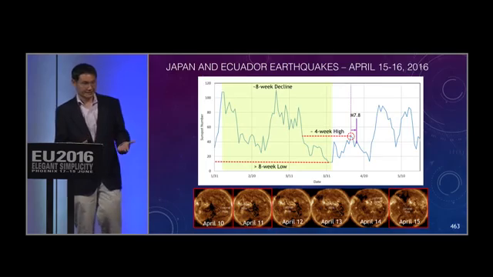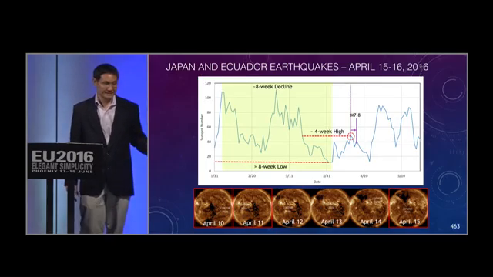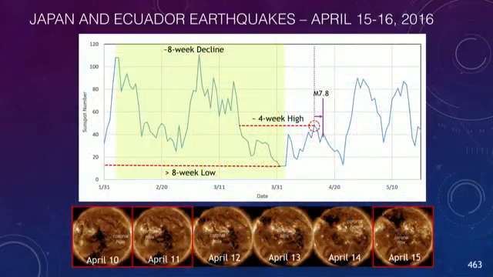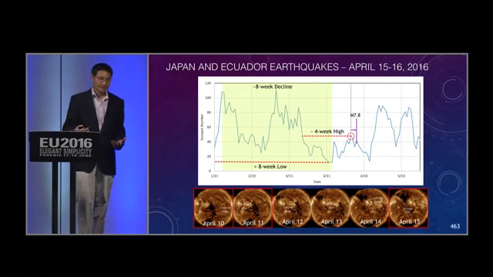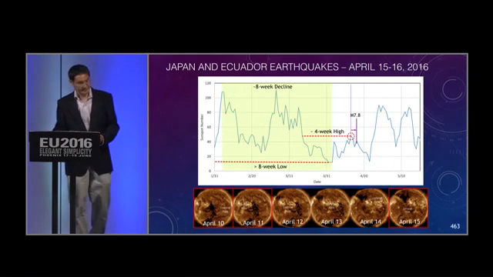So another case study which just happened recently: the Japan and Ecuador earthquakes that happened on April 15 to 16, 2016. You see the same pattern repeated again here, about an 8-week period of decline before converging back. And of course, there's a trigger point right about 3 days before the big earthquake.